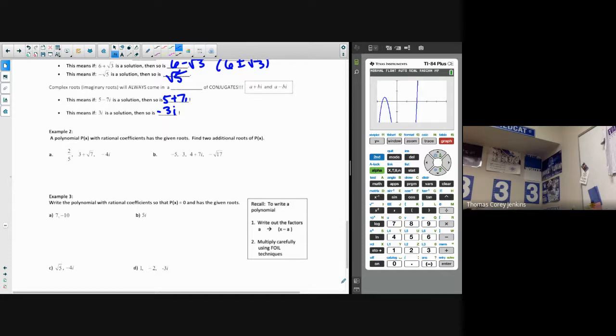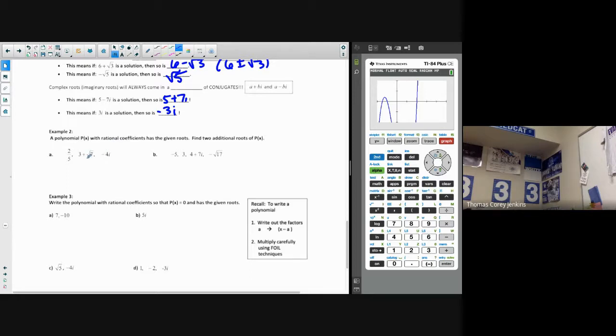Okay, so what we're going to do is find those conjugates. It says a polynomial p of x with rational coefficients has the given roots. Find 2 additional roots for p of x. Understand that 2 over 5 is a rational number, so this does not apply. We're looking at the other two.